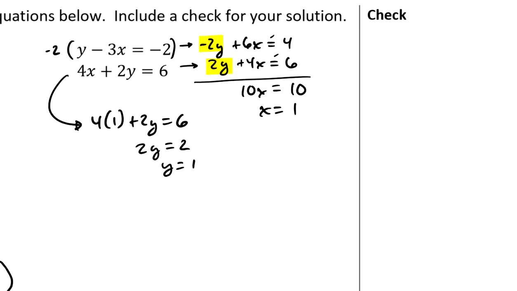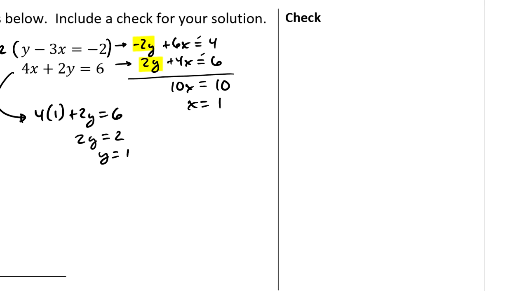Now to check that, basically both of these equations have to be true. So I'm just going to plug 1, 1 into the first equation, and I'll highlight it in green. And then I'm going to plug 1, 1 into the second equation and just see that I get the things that I'm supposed to get. So again, my solution, I believe, is that x is 1 and y is 1.